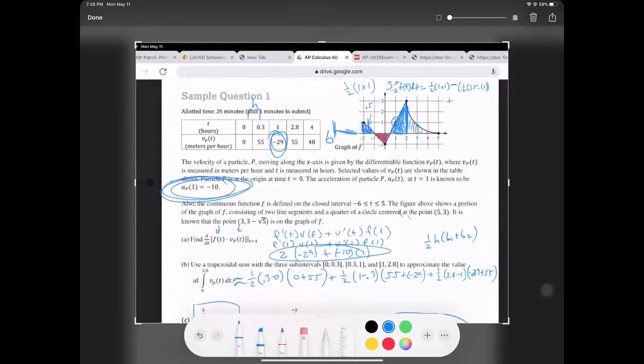We're going to add the next triangle, which is 1/2 times base 1.5 times the height of 3. The last part is a circle. We're going to take the square minus the circle. So the square is 3 by 3, so it's going to be 3 times 3 minus the circle, which is pi r squared, a quarter of it.